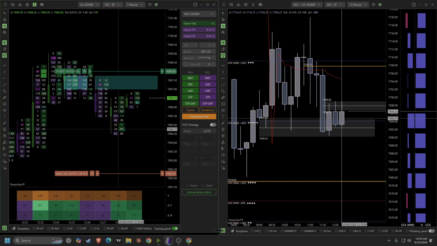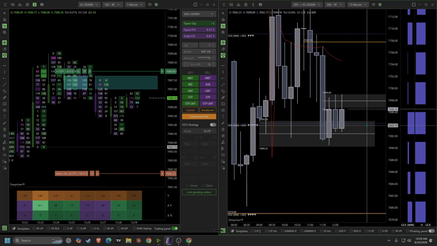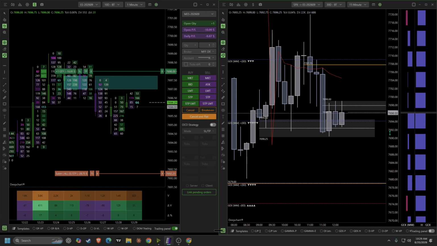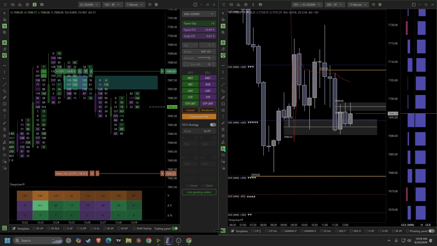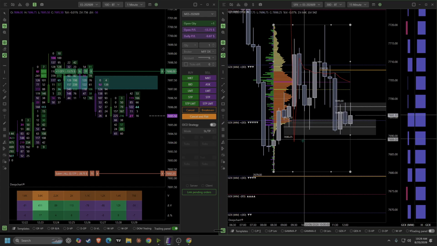But my entry is basically resistance. So I bought resistance, which is fine, but I think having these options levels available along with volume profile, which is the orange and yellow, right?